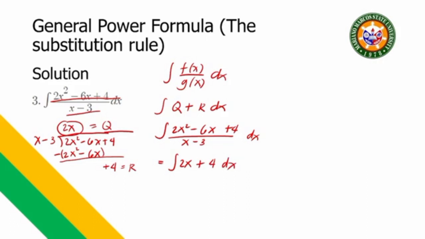So next, we can now integrate this one separately. So this will be equal to integral of 2x dx plus integral of 4 dx. So we take out the constants.